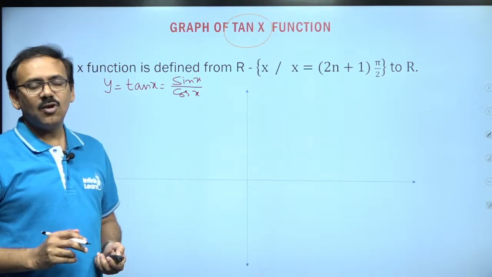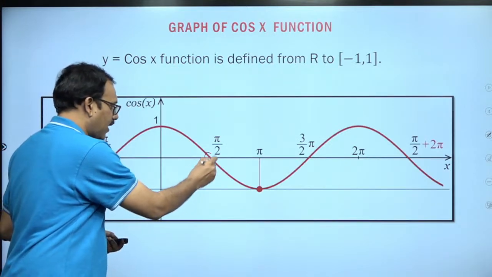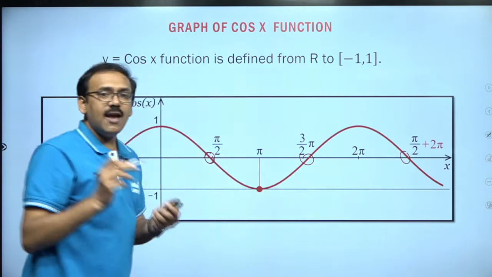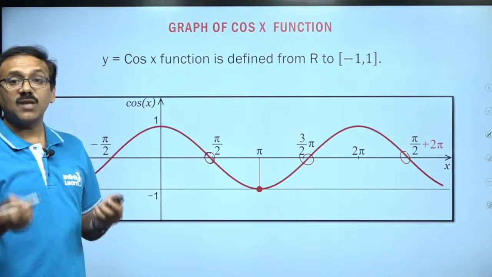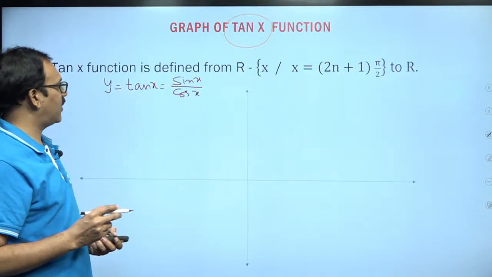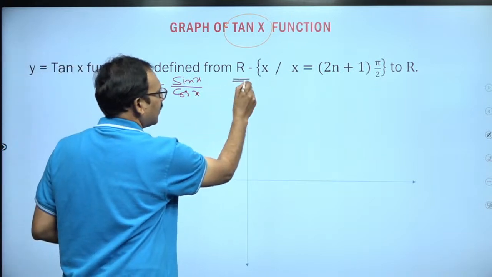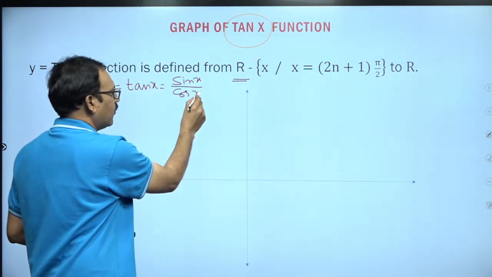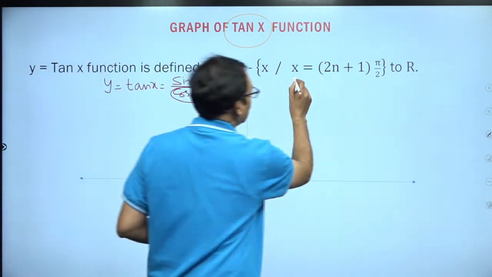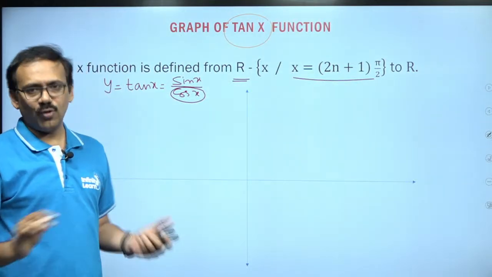You just observe where cos becomes 0, see the previous graph, cos function becomes 0 at pi by 2, again at 3 pi by 2, 5 pi by 2, at every odd multiple of pi by 2, even at minus pi by 2 and so on. So, dear friends, in the domain, x can be any real number except the odd multiples of pi by 2. You just remove those odd multiples of pi by 2 from the domain. Now, this function is okay.